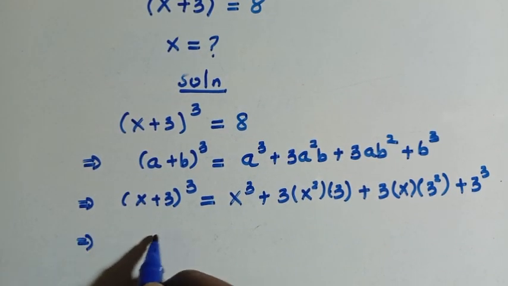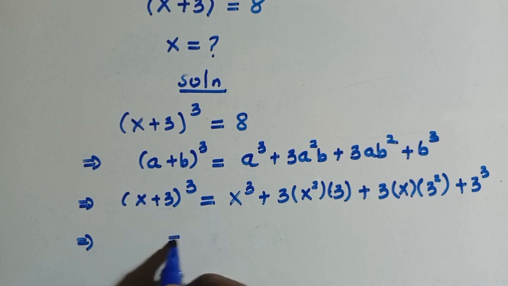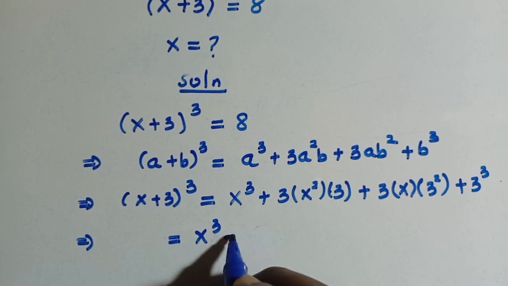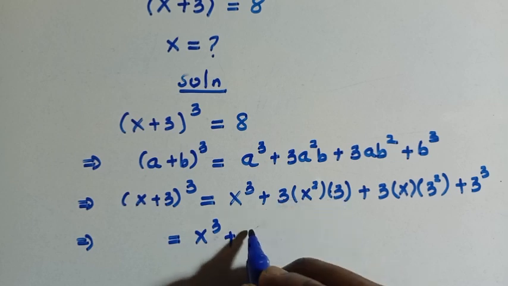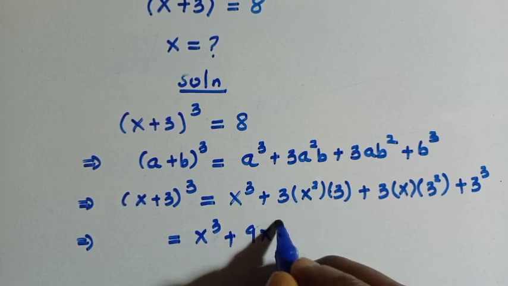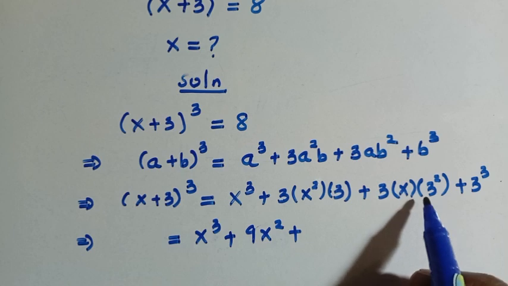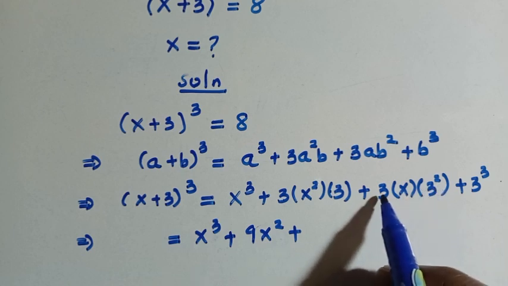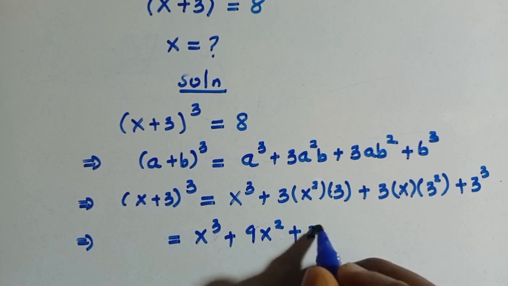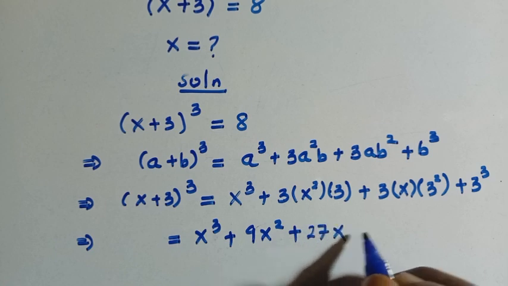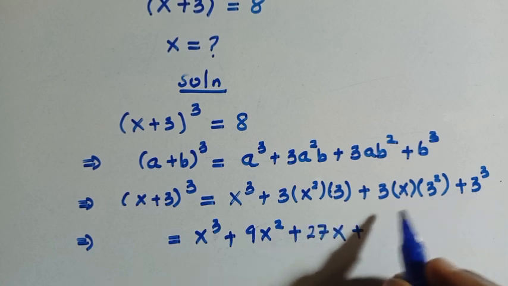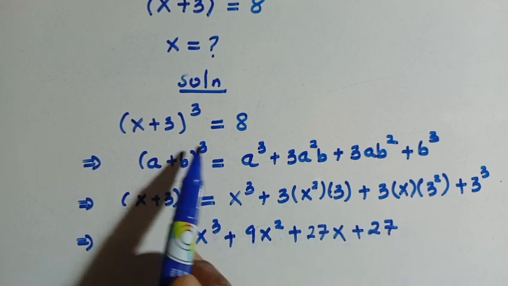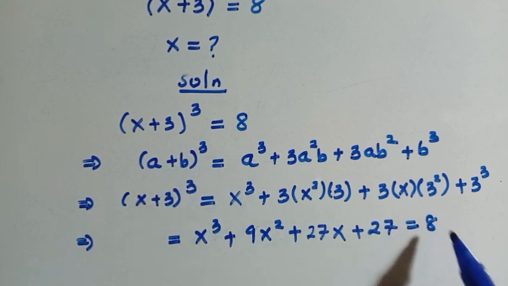Then from here, this equals x^3 plus, 3 multiplied by 3, we have 9x^2, plus here we have 3 squared, that is 9, and 9 multiplied by 3, that is 27x, plus 3^3 is 27, and the whole of this equals 8.